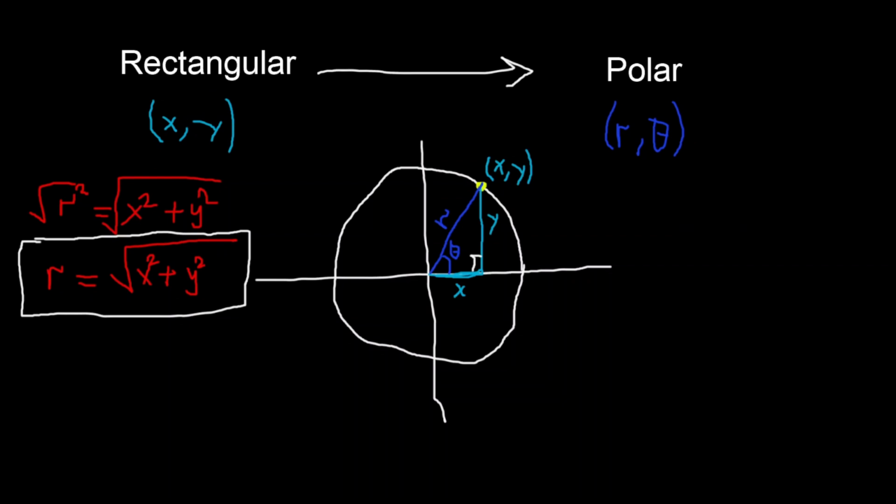But what about theta? So for theta, we can use a trig identity. We can use tangent theta. Now what is tangent of theta equal to? We know a tangent of an angle equals to its opposite over adjacent. So here, this is theta, its opposite is the y value, and its adjacent is the x value.